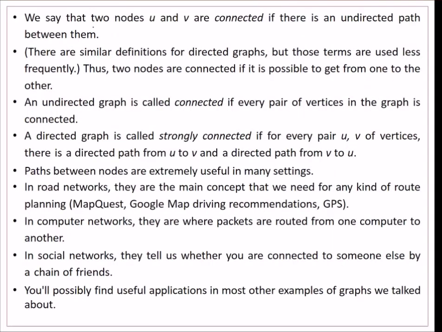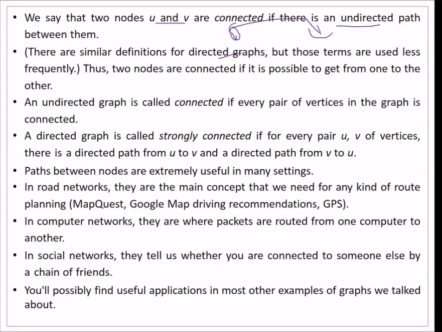We say that two nodes U and V are connected if there is an undirected path between them, and the definition is true for directed graphs also, but is used seldom. So two nodes are connected if it is possible to get from one place to another through a path.